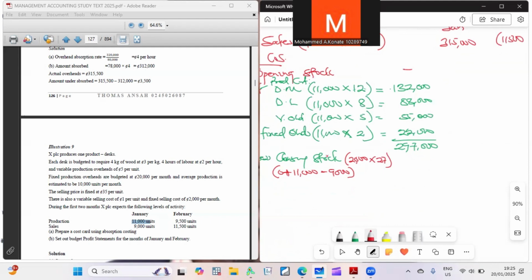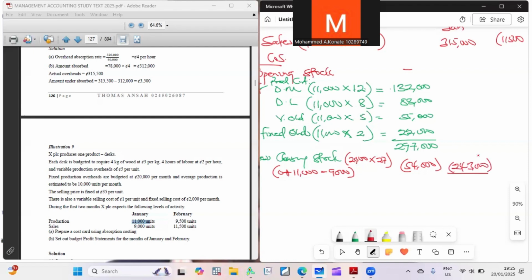That's the trick there. So here we have 2 multiplied by 27. That gives me 54,000. So that is that. I less my closing stock. So the 54 minus 297, that is 243. So I have here 243.